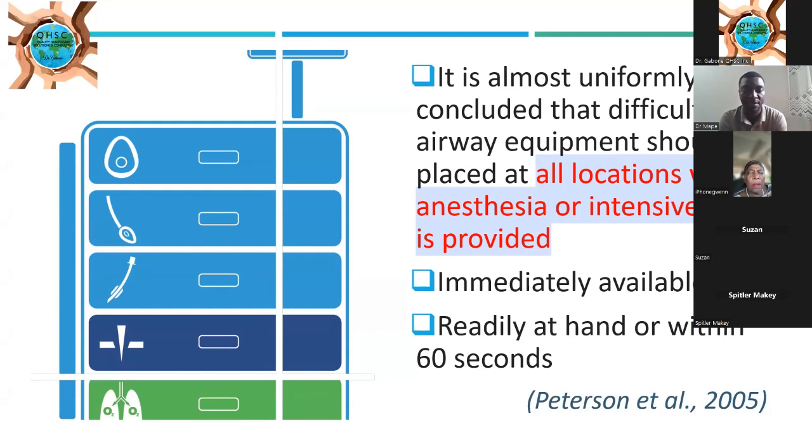It can be placed in any room, but its accessibility should be readily at hand or within 60 seconds. Whenever you are going to do anesthesia, or you are in the ICU or the emergency department, you should have this difficult airway cart. Okay, next slide.